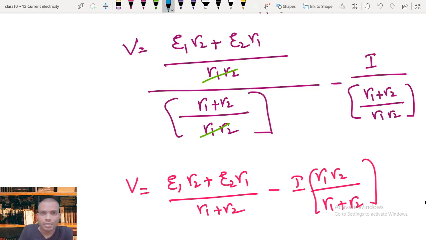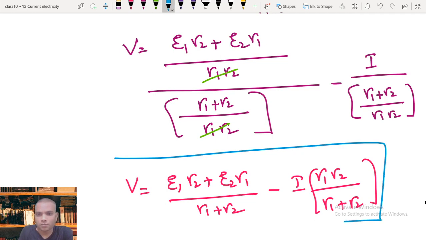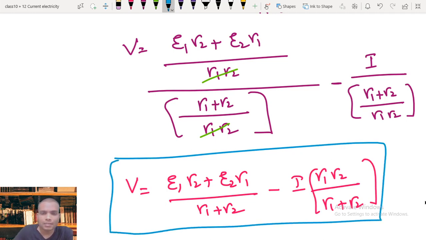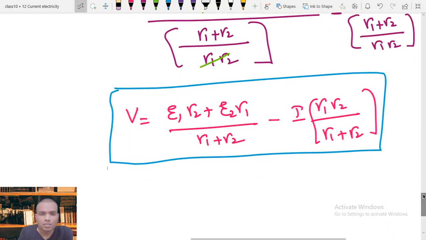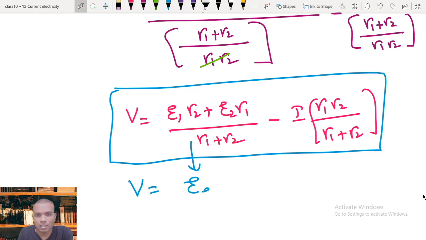So this is the final expression for the potential difference when the cells are connected in parallel. This expression appears very big, so I will shrink it. This term I can express as E equivalent, minus I times R equivalent.